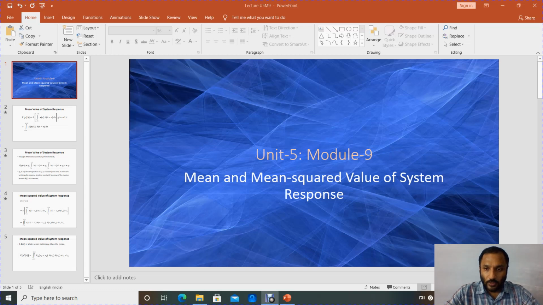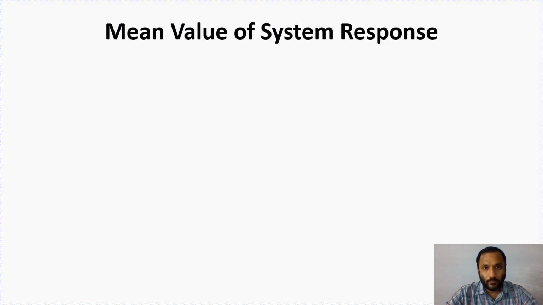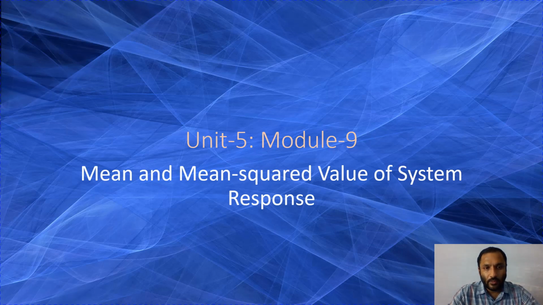So, today we are going to study two temporal characteristics, that is, two time characteristics that can be used to describe or summarize a random process.